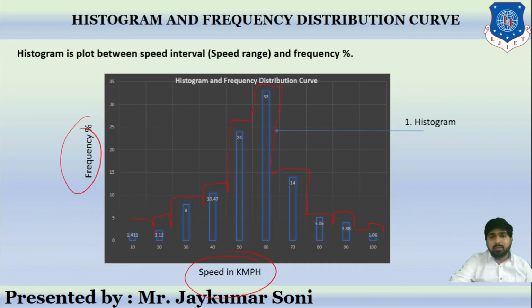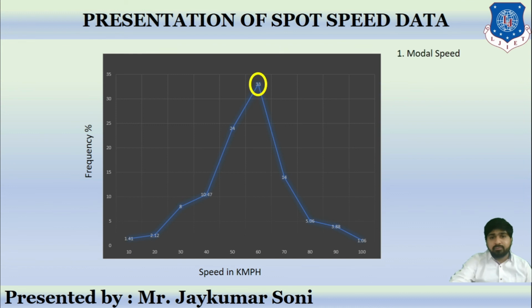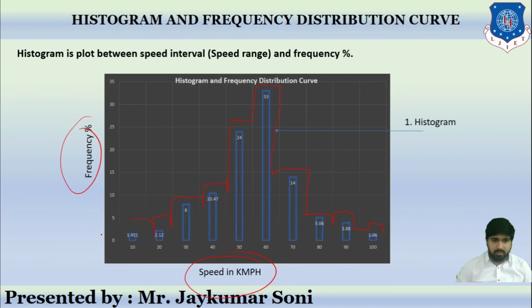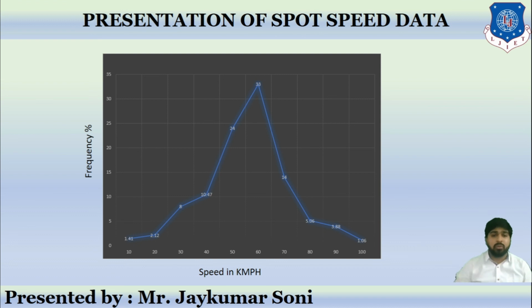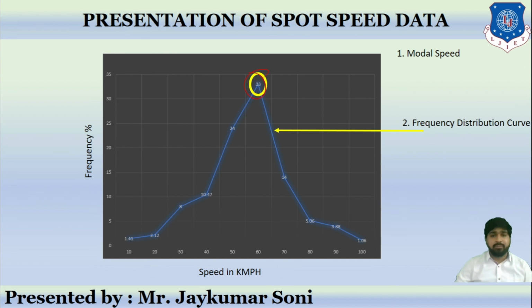If I see, this is the highest point, 33. If I plot a curve like this, joining these points, you can see it will give me this value. This 33 is called the modal speed, and this particular curve that we have created by joining these points is called the frequency distribution curve.